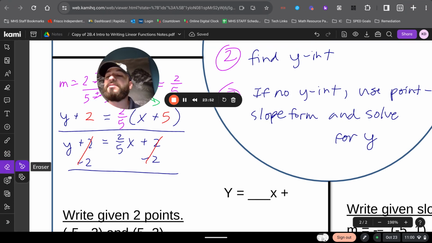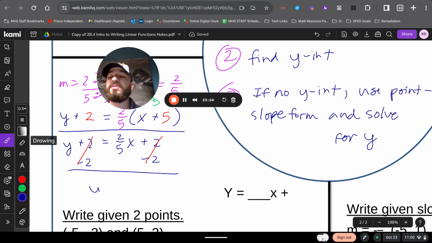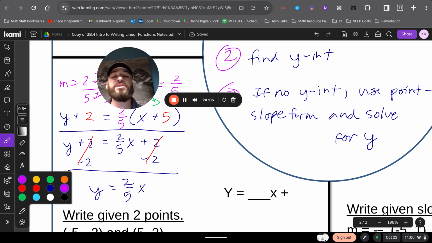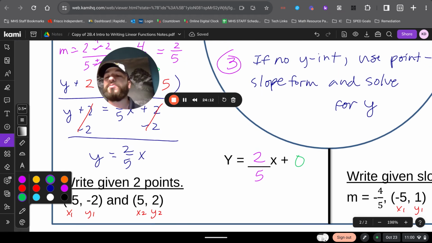So we get the simplified equation of y is equal to 2/5 x, and then you could write +0, or you could just leave it as 2/5 x. Either would be fine. So for our final slope-intercept equation, y is equal to 2/5 x, and like I said, you can write +0, or of course we can just write it as y is equal to our 2/5 x. Either would be fine as your final answer.